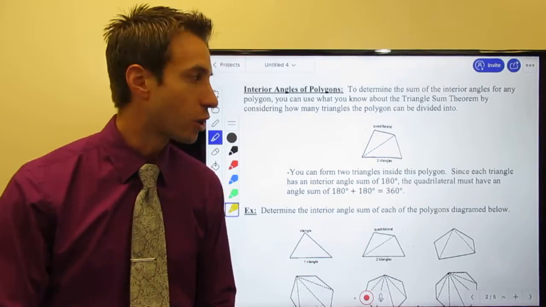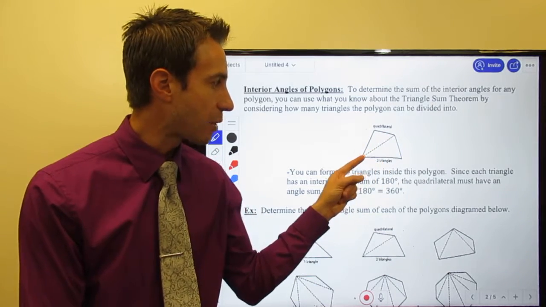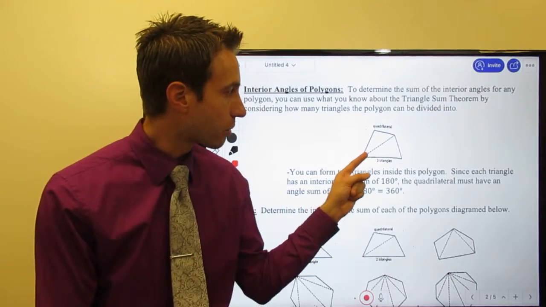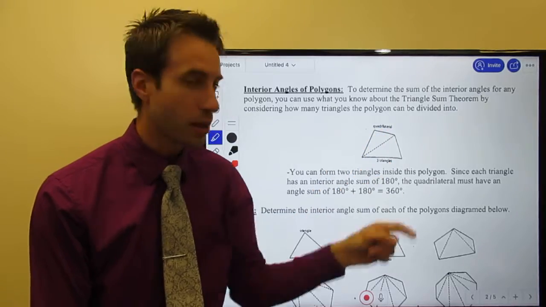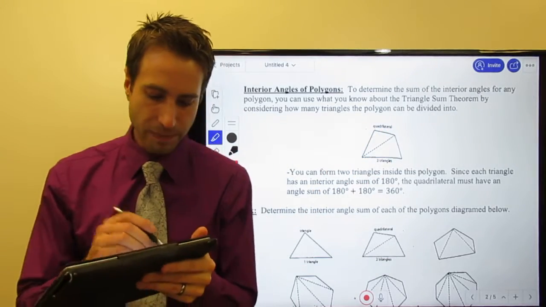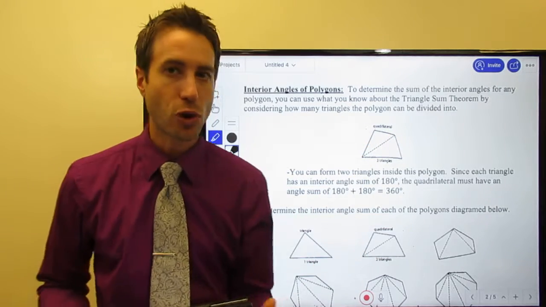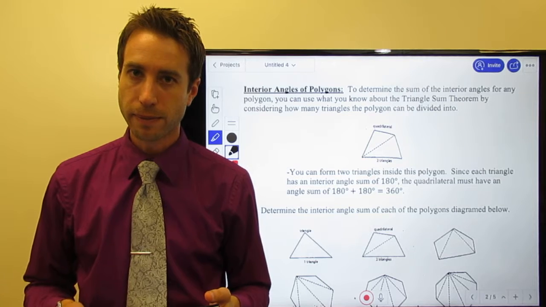But here's what we're going to do. I can divide this quadrilateral into 2 triangles. I split it right down the middle, right there. I have a triangle on top and a triangle on the bottom. Stick with me for a second. The interior angles of that top triangle must sum to what?